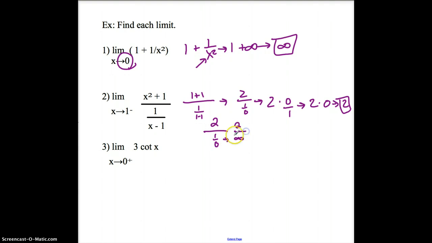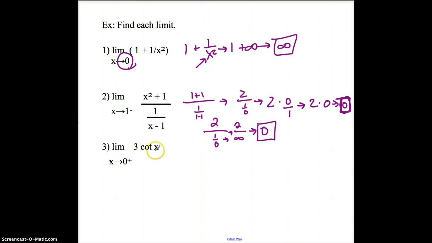So if you want to stop right here and think, okay, this is approaching 2 over infinity, we just talked about in the previous screen, what's 2 divided by a huge number? That's going to approach 0. And 2 times 0 is 2? No, that's wrong. Sorry. Thinking, talking, recording all together doesn't always make for good mathematical computation. All right, so either way you think about it, this limit equals 0.